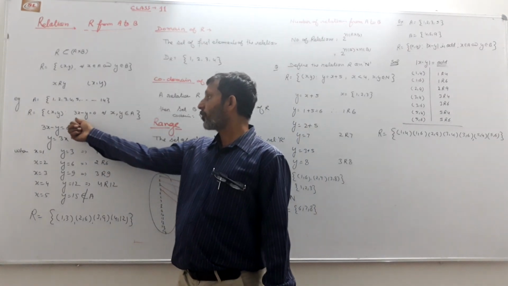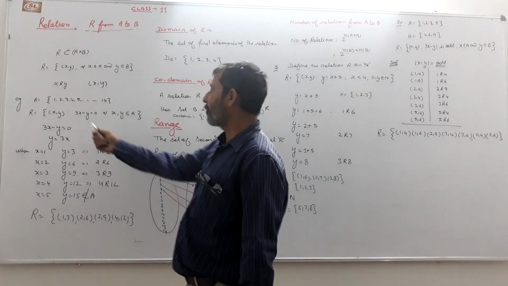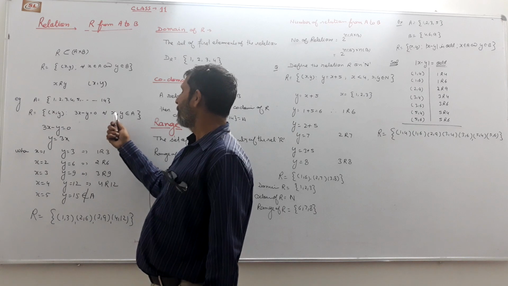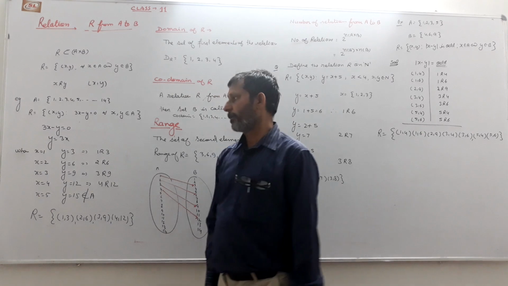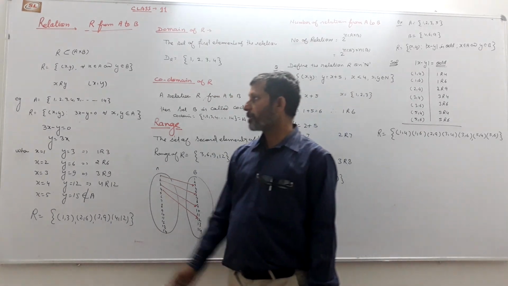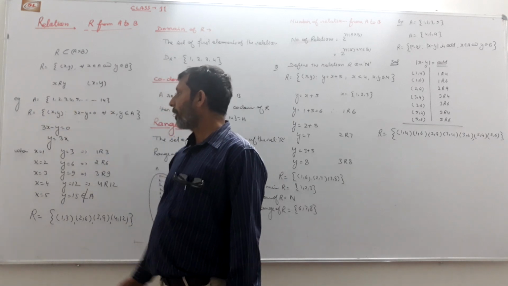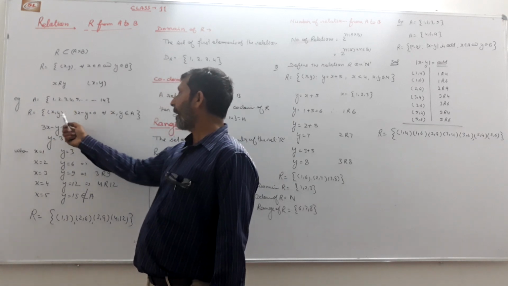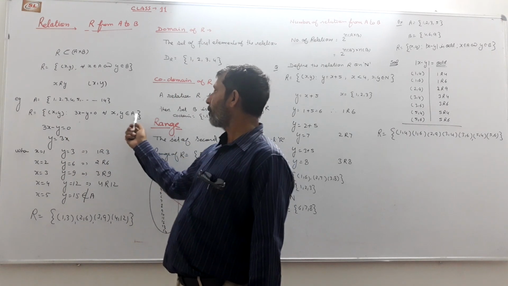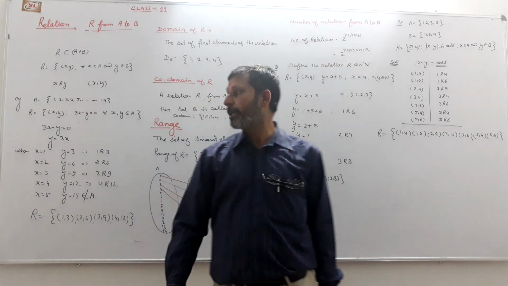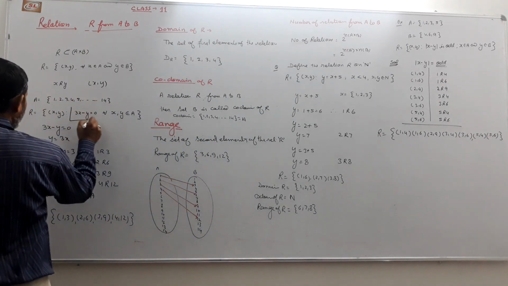The condition given is 3x minus y equals 0, for all x comma y belonging to the set A. First you represent this. This is the specific condition for the relation.